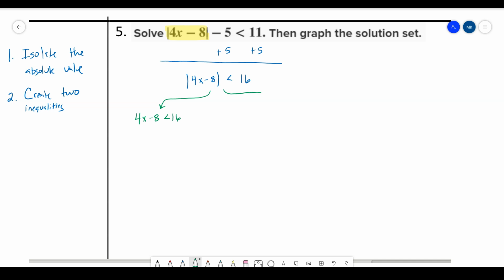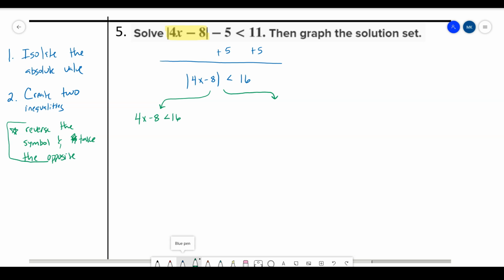The second one is going to be, and we wrote this down before, the thing that we're going to do is reverse the symbol and take the opposite.